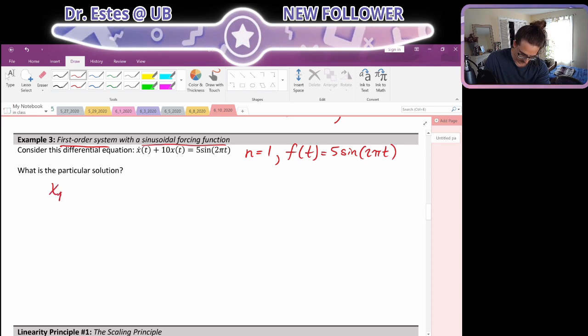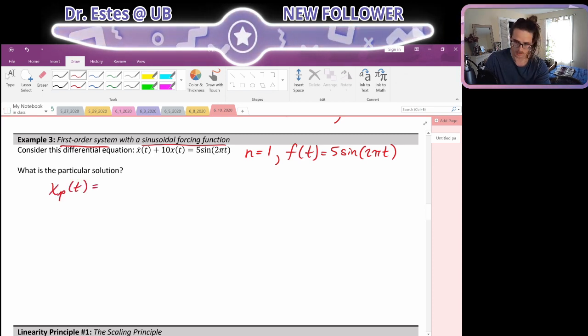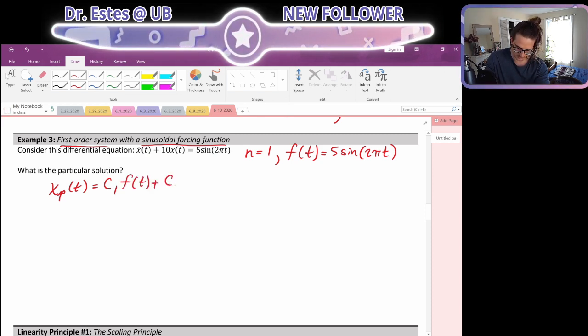So the particular solution is going to be some coefficient times f of t plus another coefficient times the first time derivative.